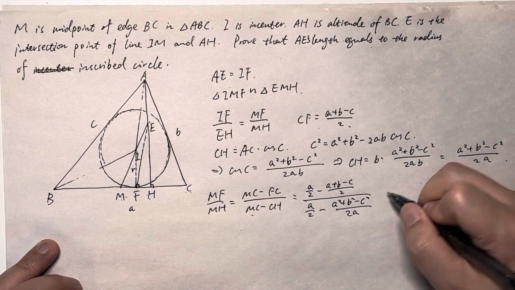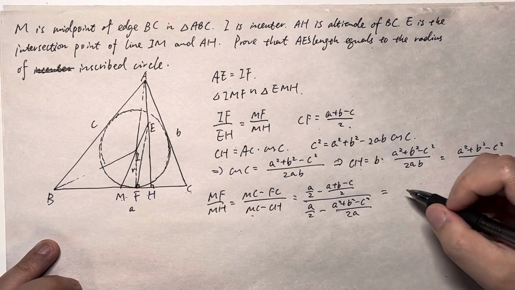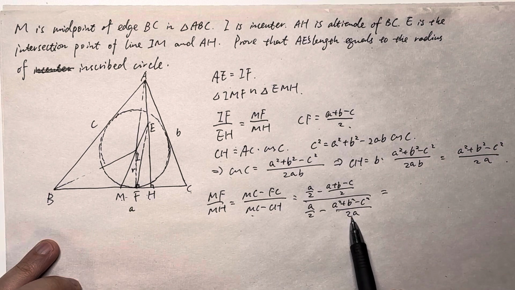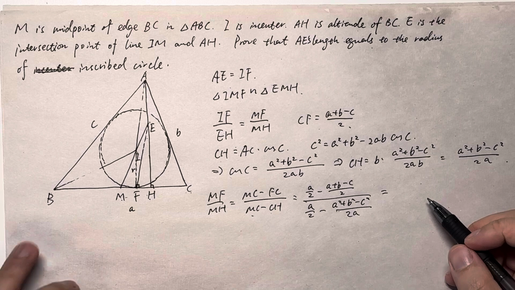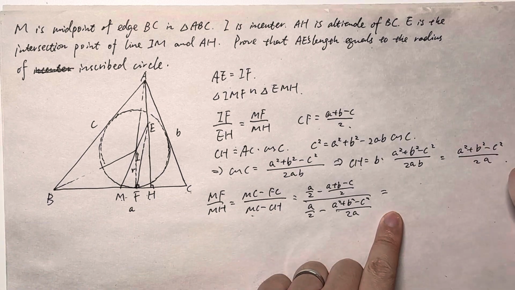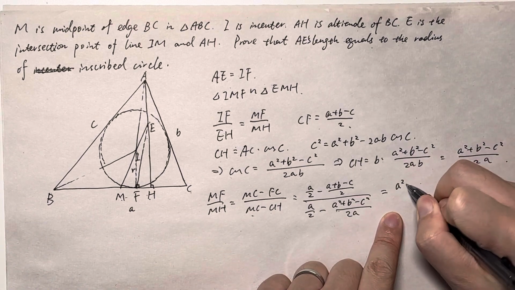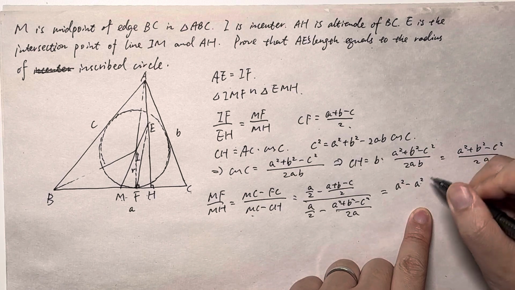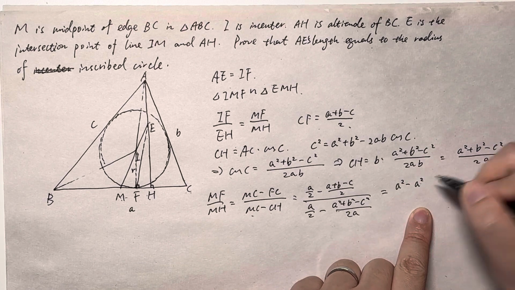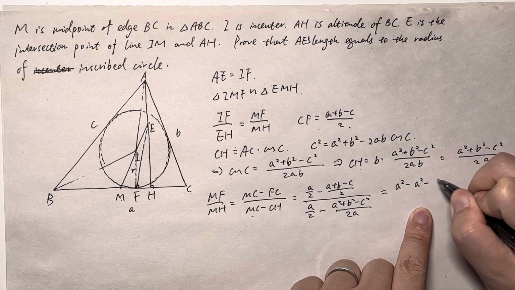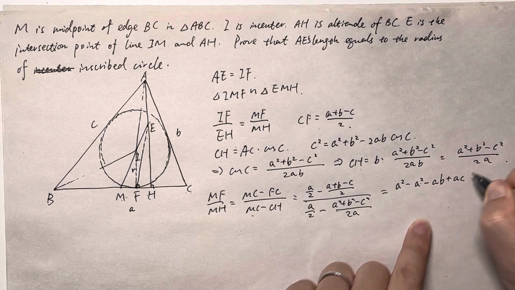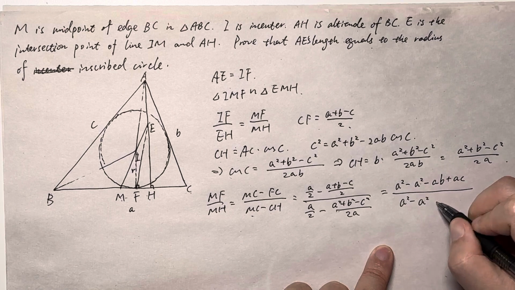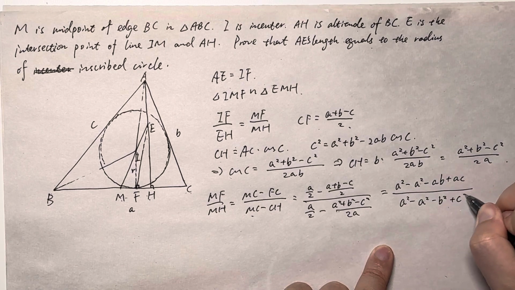Right. So we multiply 2a to both top and bottom. Then we get a squared minus a squared minus ab plus ac, divided by a squared minus a squared minus b squared plus c squared.